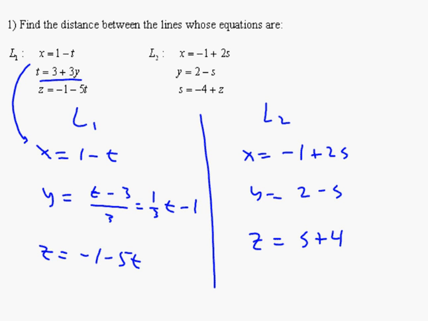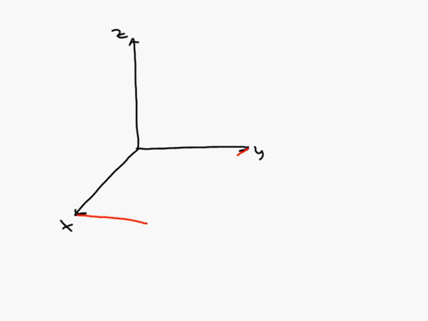It's sort of easy to visualize. Suppose you have x, y, z, and you consider the xy plane down here, and I have a line in there, this green line.